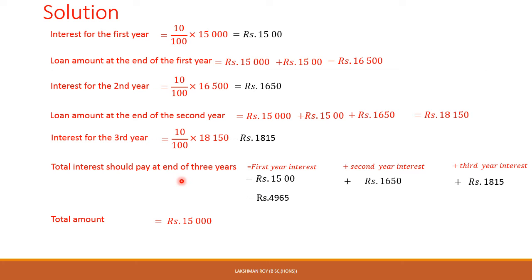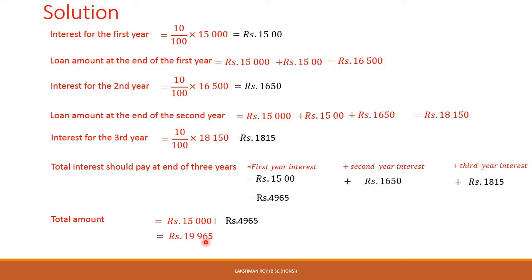So you can see here the borrowed amount is 15,000 rupees, and the total interest for 3 years is 4,965. So if you add those, you get the total amount you have to pay, which is 19,965 rupees.